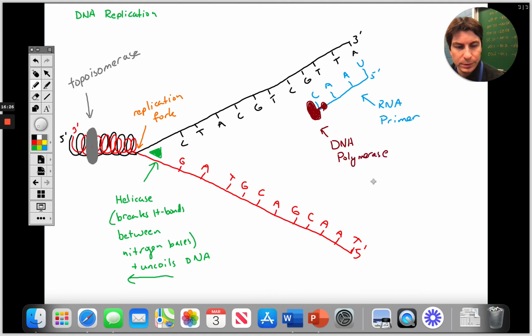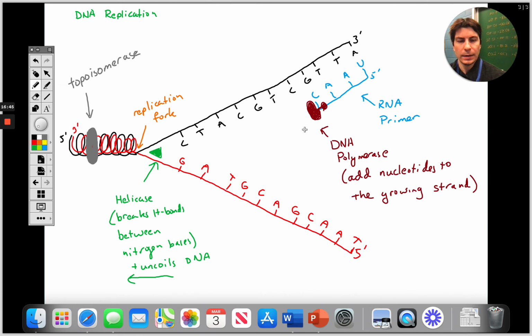What DNA Polymerase is going to do is add nucleotides to the growing strand. Okay, so he's going to be moving this way, guys. So always from 5' to 3'.